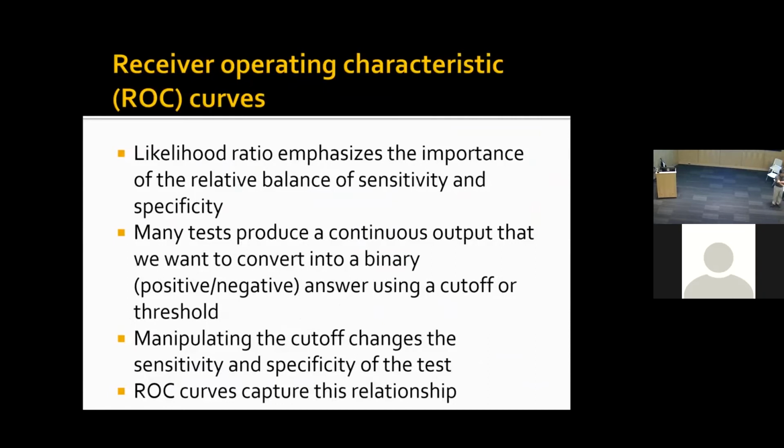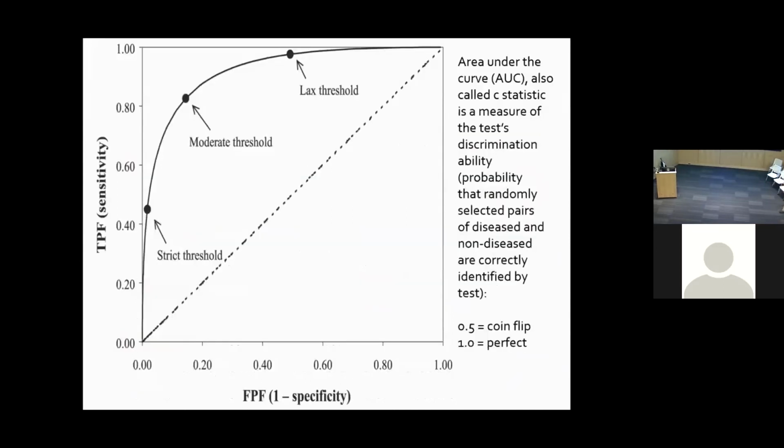So receiver operating characteristic curves are another thing in this process. Likelihood ratio emphasizes the importance of the relative balance of sensitivity and specificity. And many tests produce continuous output, CRP being one of them, right? But you have to make a decision. So you want to categorize your decision. So you say yes or no to something, and that's how you can do this with a continuous value. And ROC curves capture that relationship.